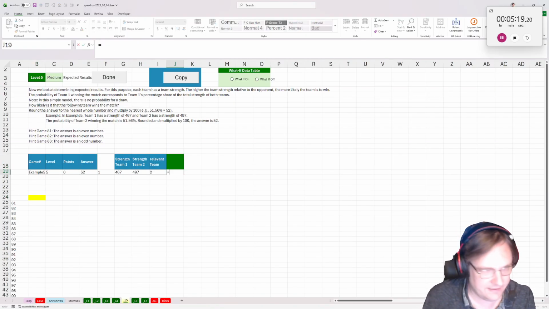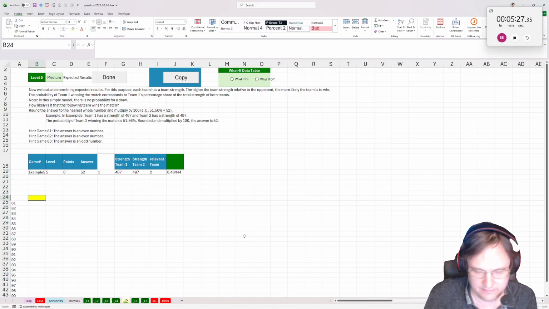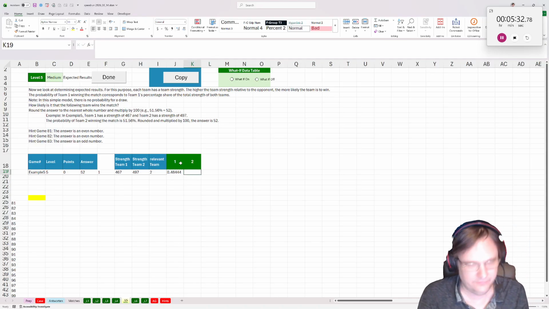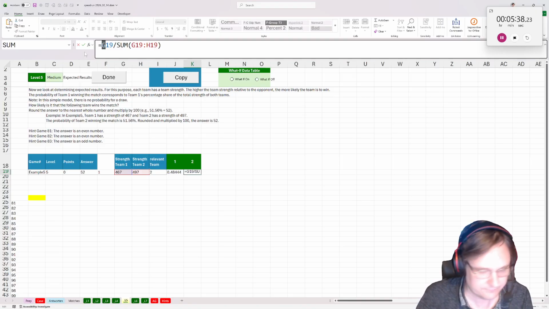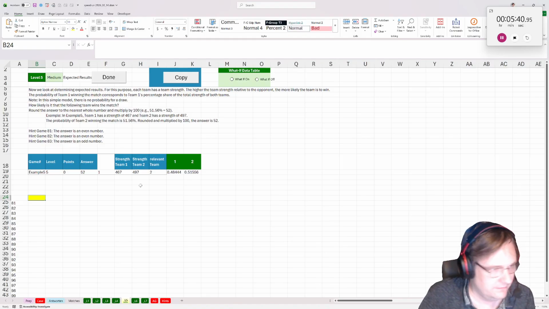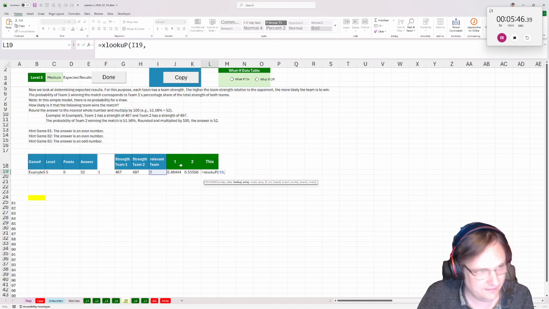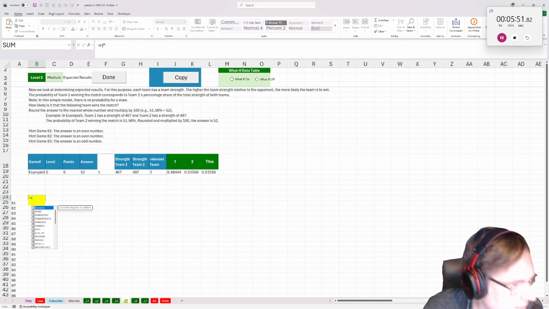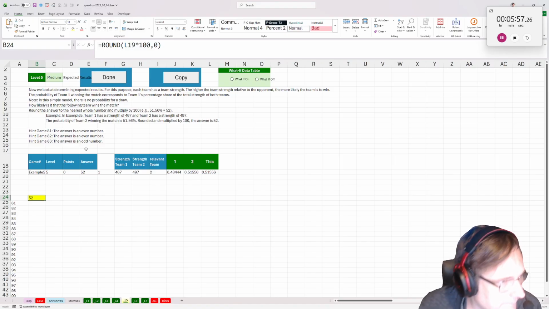All right, now the expected from team one is this divided by the sum of both of these. Then, oh, except for that's team two, or that's team one, this is team two, is the same thing for H. So now it is XLOOKUP, the relevant team, and then round this times 100 to 0 places.